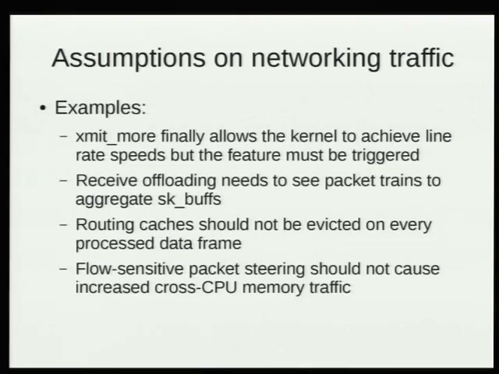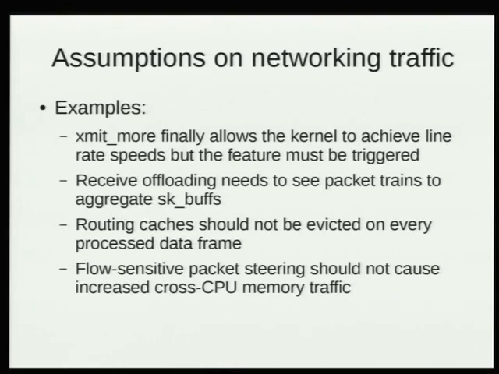We have flow-sensitive packet steering, and of course, if it does not correctly steer the packets to the CPUs, it also horribly breaks. Those optimizations are in place, and when we analyze performance, we sometimes need to adapt the traffic or the code slightly, so that these features become enabled for that kind of traffic.